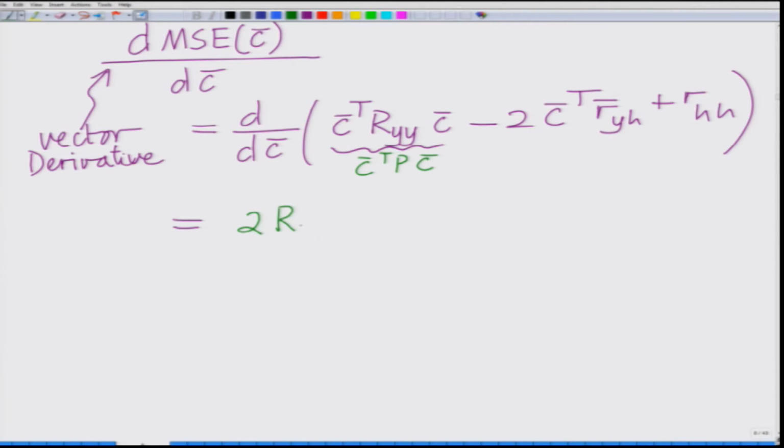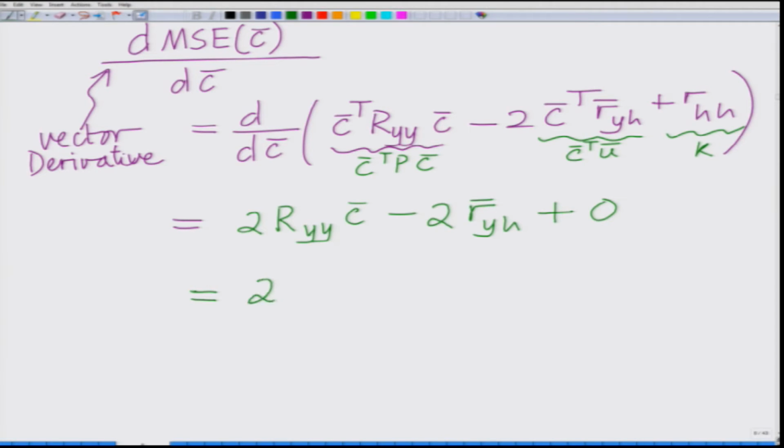So, its derivative will be twice P, here the matrix R yy. So, it will be twice the matrix R yy times C bar. Minus, this second term is of the form C bar transpose u bar, so its derivative is u bar. So, that is R bar yh. And R hh is a constant k, so the derivative of this with respect to C bar equals 0.